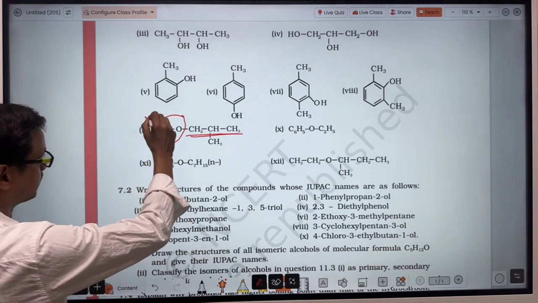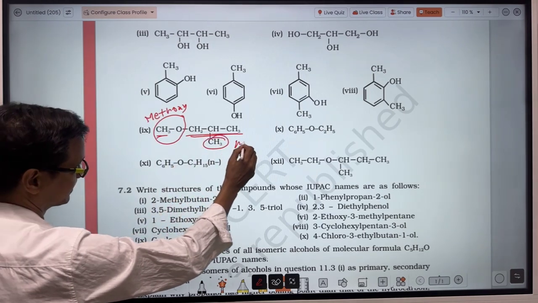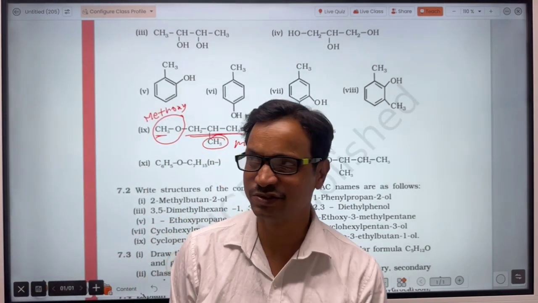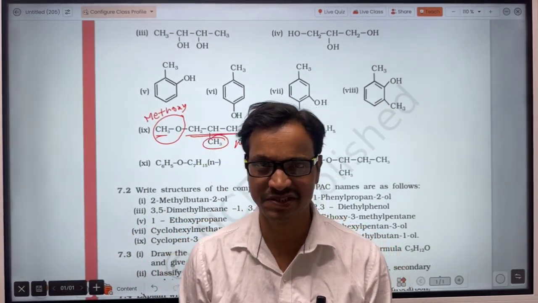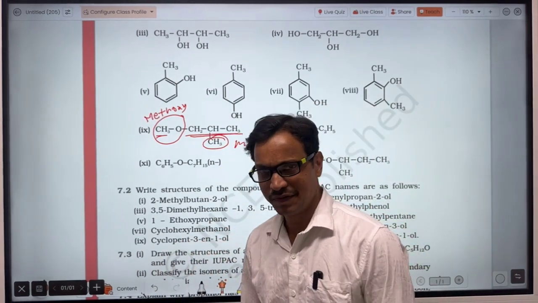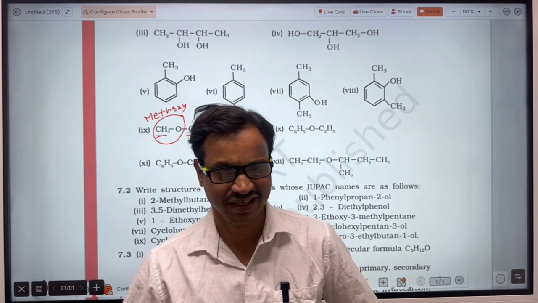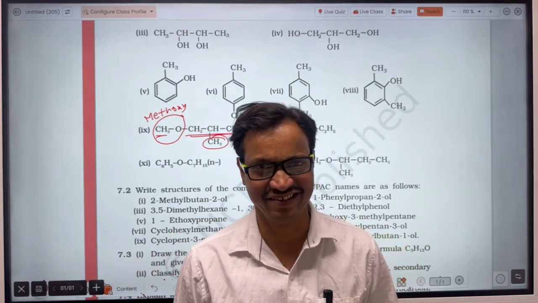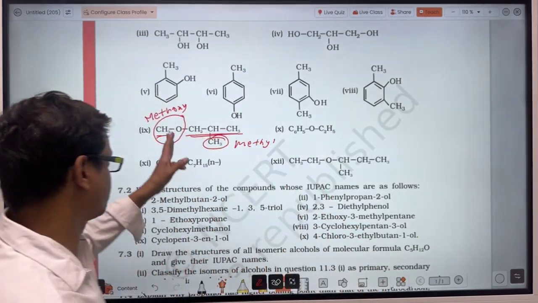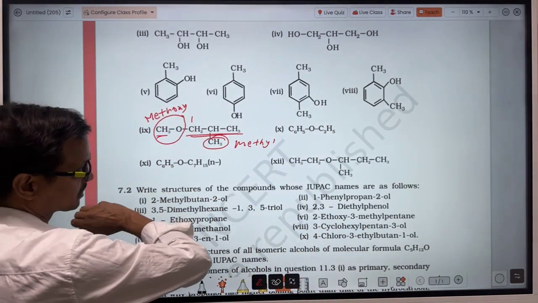So its name will be methoxy, and methyl. Now about alphabetical order, you have to write the names of the substituents according to alphabetical order. Before that, after selecting the main chain, we have to do numbering in such a way that the functional group acquires the lowest position. So here methoxy is actually a substituent group, and you have to give the lower position to this carbon.